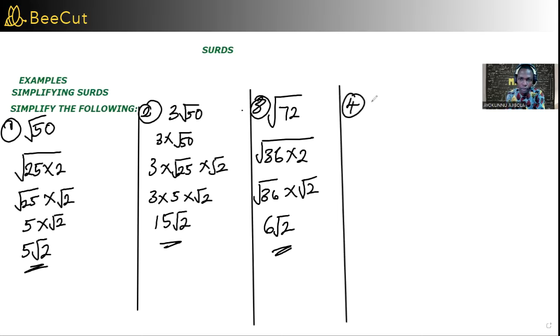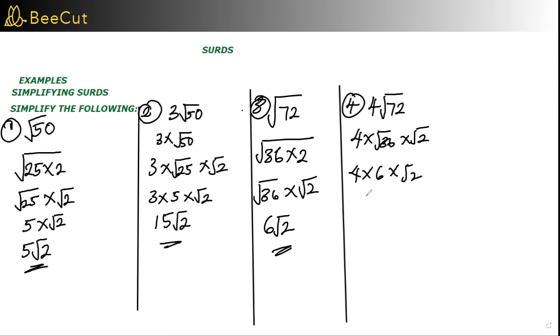That will be 4 times root 36 times 2, and that is 4 times 6 root 2. 4 times 6 is 24. So 24 root 2 is the answer.